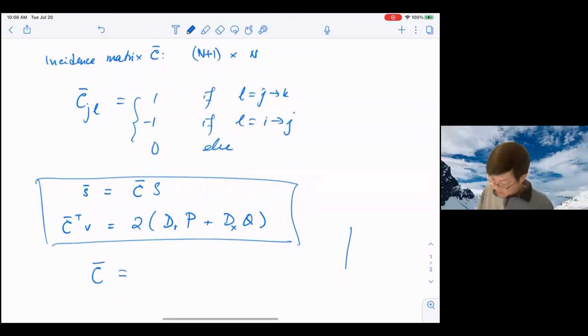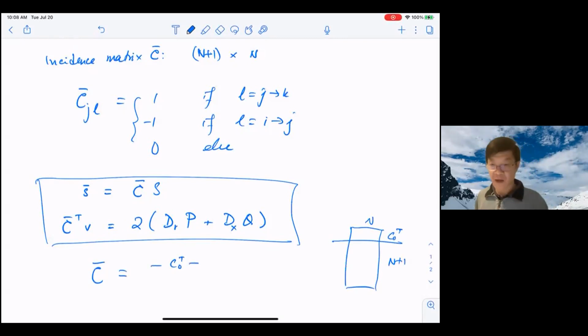C bar, this slightly tall matrix. It has n+1 rows and n columns. We separate it into c0 transpose, which is the first row of the C bar matrix, and the remaining rows, which we just call C. So C is n by n, and one can prove C is always invertible.